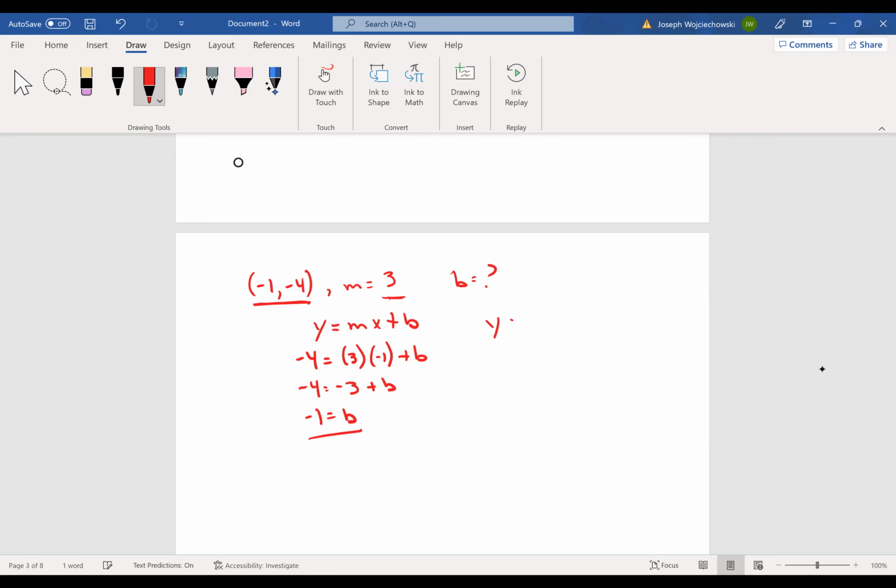So y equals m, which is the slope, 3 times x, plus b, which is -1. Which means that in function form, we replace y with f of x equals 3x minus 1. And that's it.